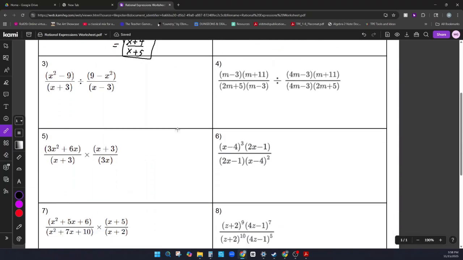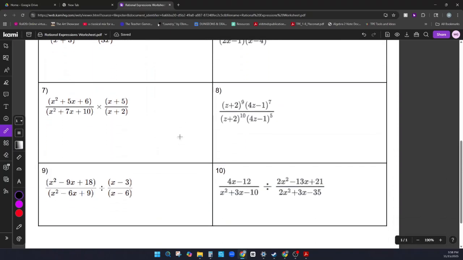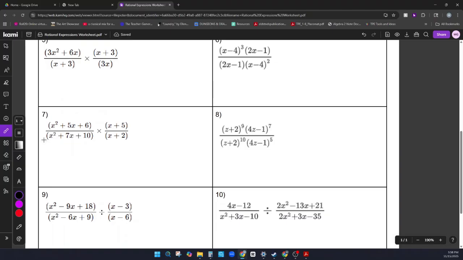Where it gets slightly more complicated is if I do a problem like number 7. For number 7, I can't cancel anything as of right now. However, I know that by changing the form, I could potentially get new groups that factor and cancel with what's remaining.